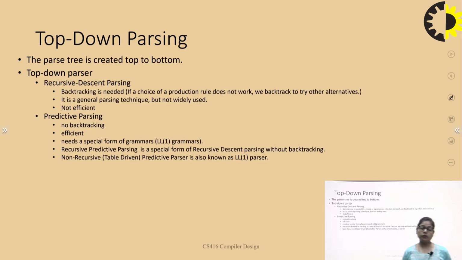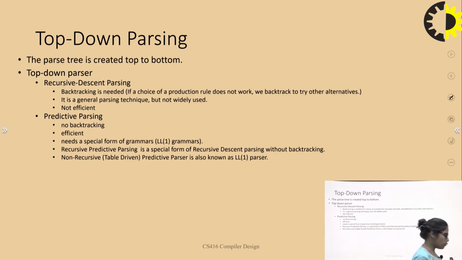But in predictive parsing, no backtracking is possible. It is more efficient than recursive descent parsing. It needs a special form of grammar called LL1 grammar. First, I will explain what LL means.